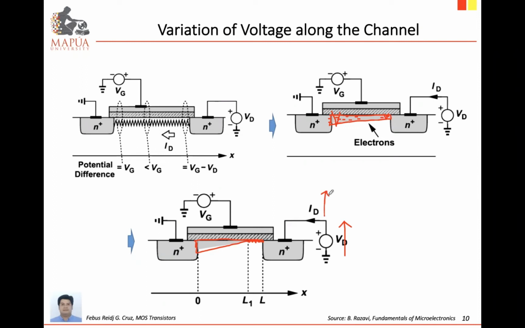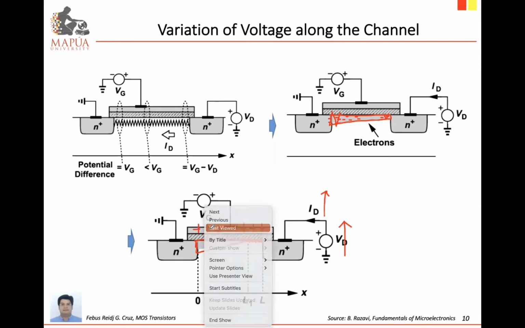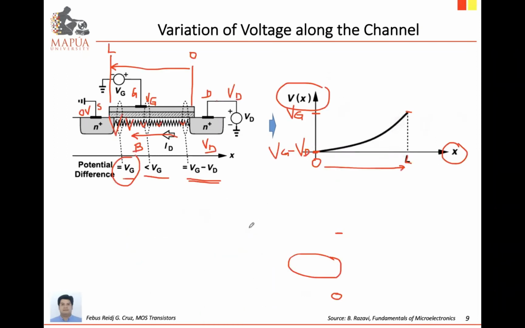Yes po. All right. So another way to look at it is at the conductive gate, we are applying positive voltage, so we are supposed to attract negative free electrons under the conductive positive plate.